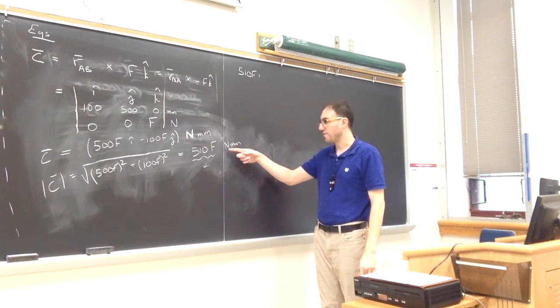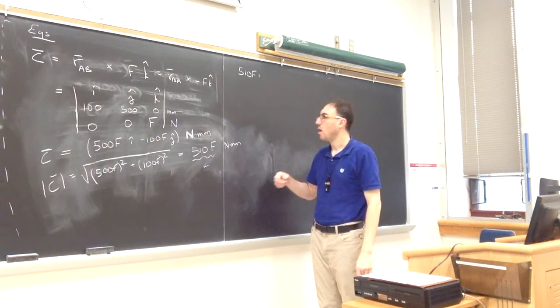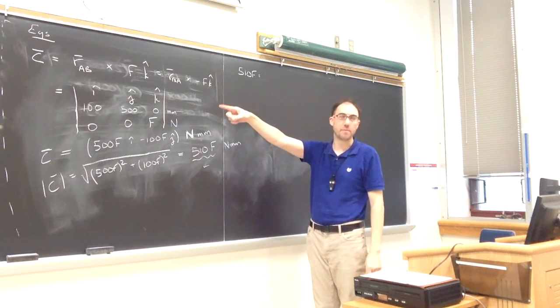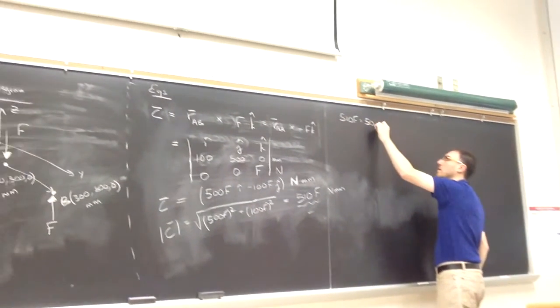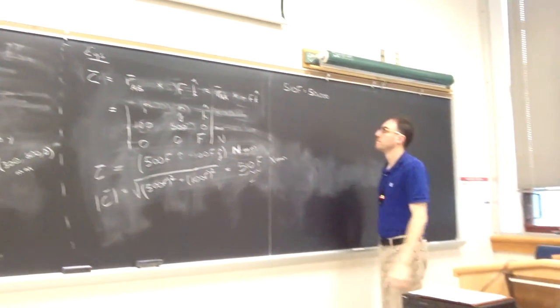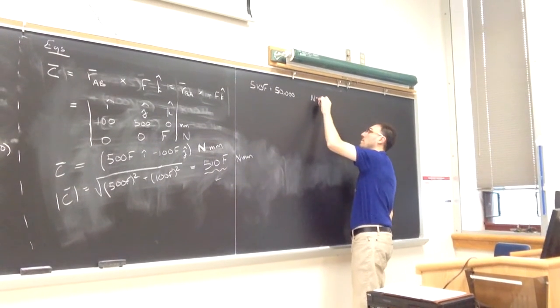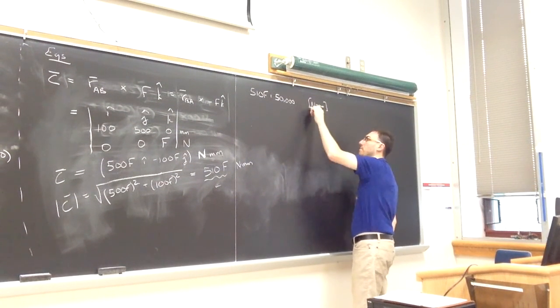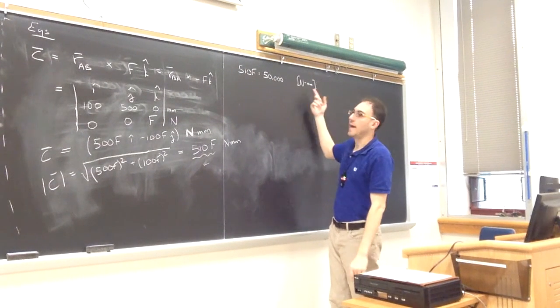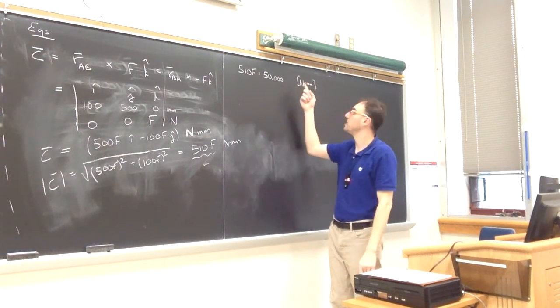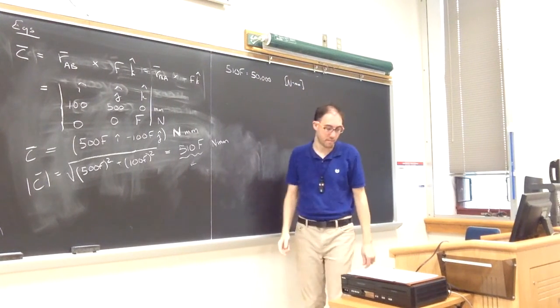I can either convert this now to Newton meters, or I can convert my 50 Newton meters into Newton millimeters. It's going to have the same difference. So the 510F is equal to 50,000, converting the 50 Newton meters into 50,000 Newton millimeters.